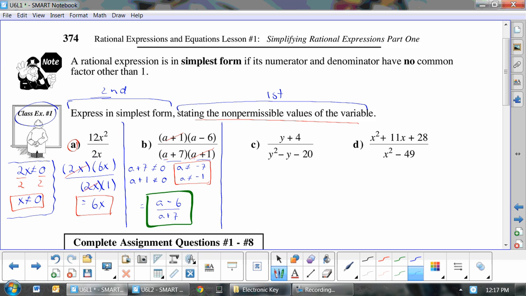With this one, our bottom isn't factored yet. So what would our factors be of y squared minus y minus 20? Someone put up their hand and let me know. It's just type 1 factoring.